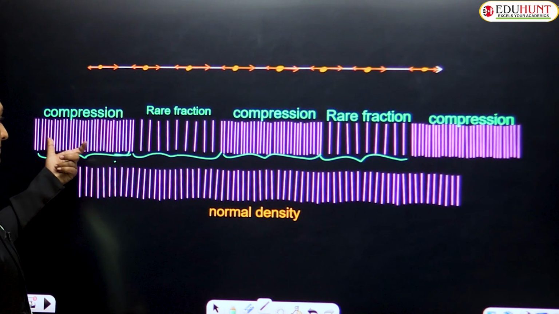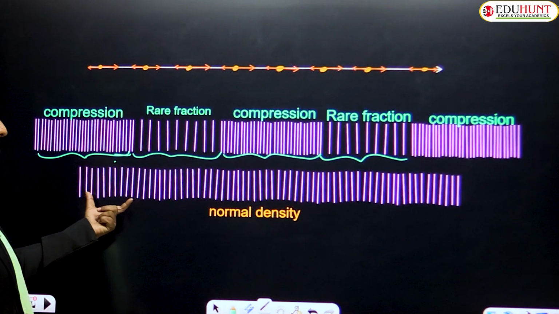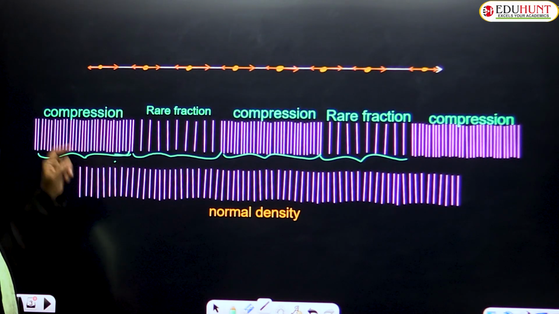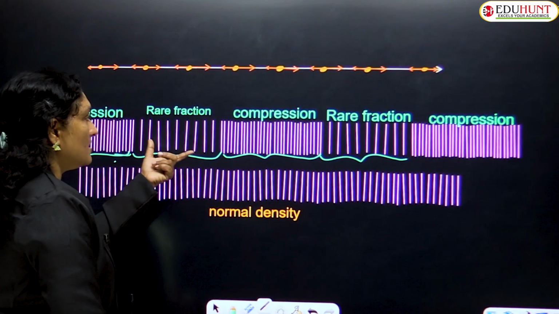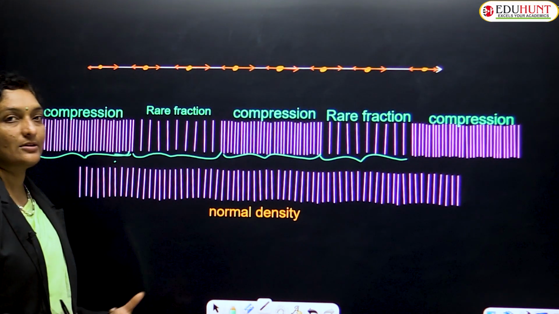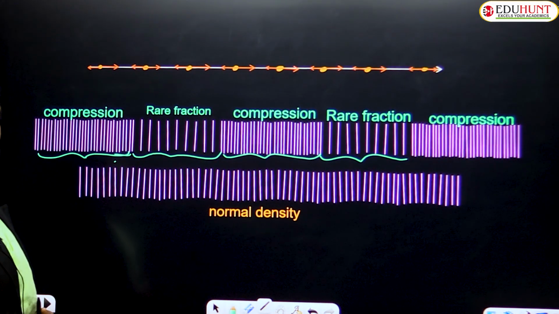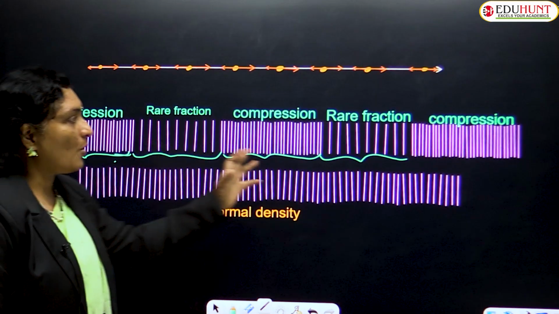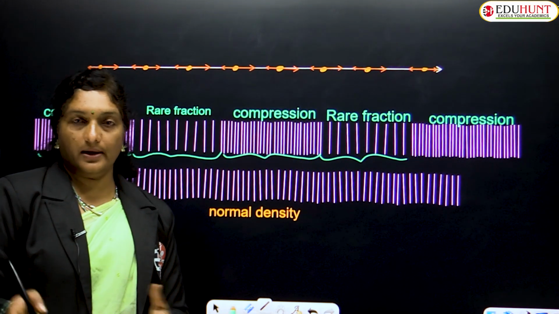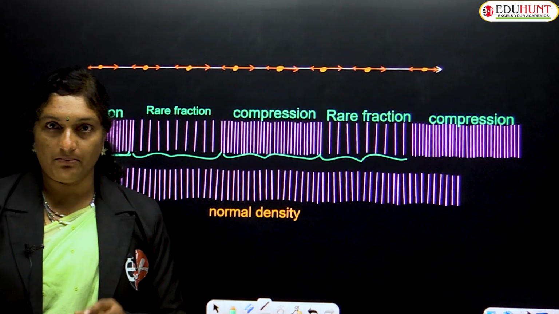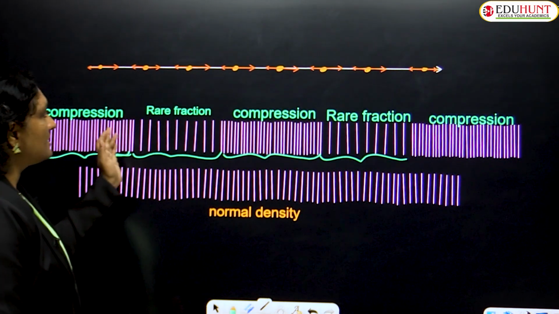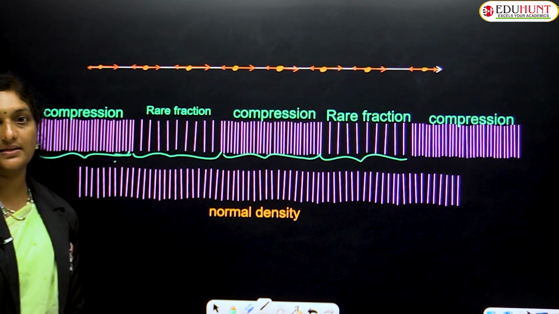So what is a compression, children? Whenever the density of the particles is larger when compared to the normal density, they are called compressions, and wherever the density of the particles is lesser when compared to the normal density, they are called rarefactions. So whenever a longitudinal wave propagates along a medium, alternate compressions and rarefactions are formed.